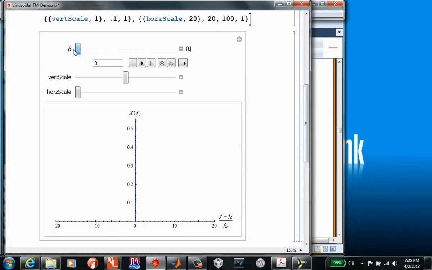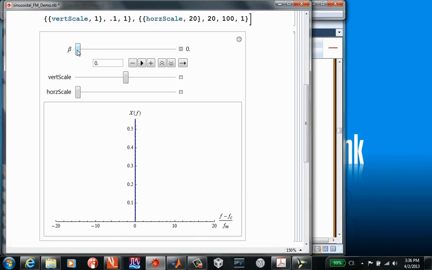Okay, beta 0, nothing but the carrier. Think of this as being centered on the carrier. I've actually got it as f minus fc normalized by fm. So the first pair of sidebands is always going to occur at 1 and minus 1.